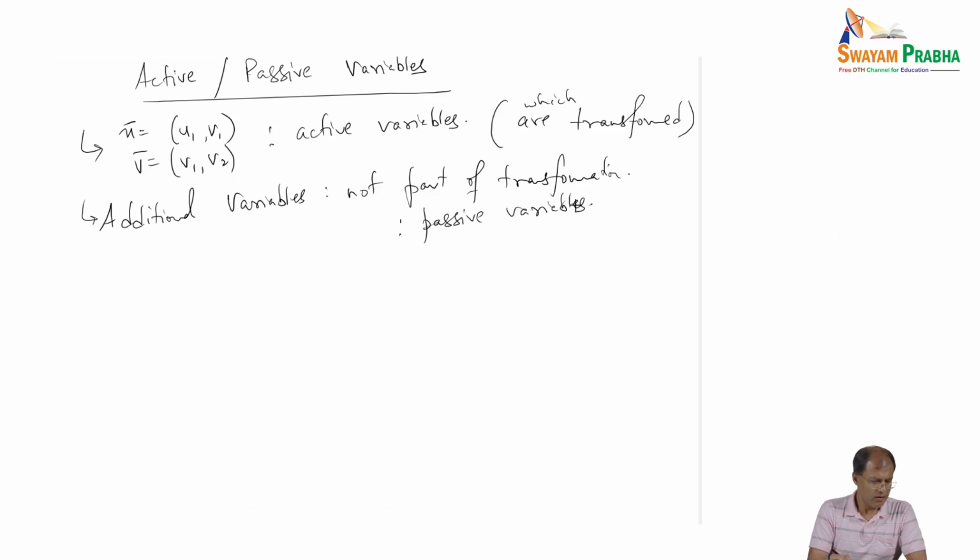So let us quickly revisit the Hamilton's case. In Hamilton's formulation, we had the following relation: Pj is partial L partial Qj dot.